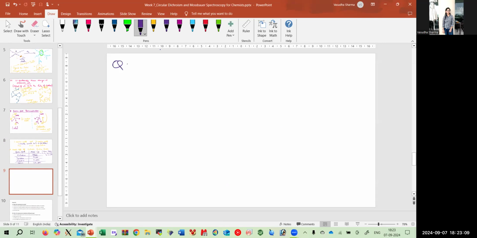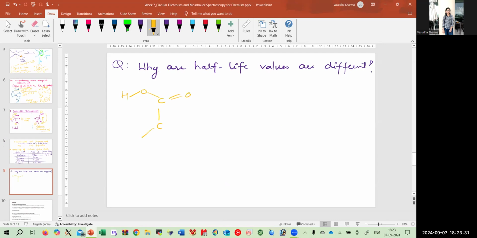So our question is, why are the half-life values different for all of them? If we take the general case where we have an acid group, alpha carbon with R group, and the amino group, and at the back we are having H, which is L form.